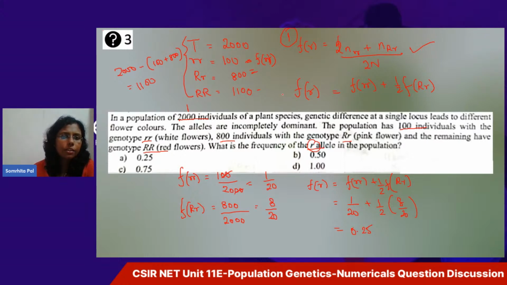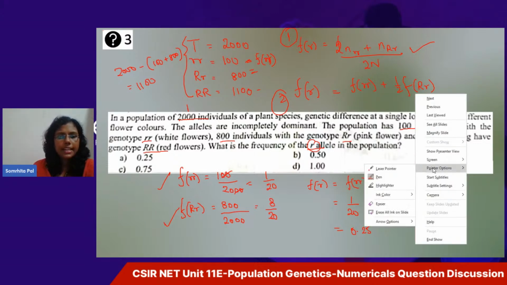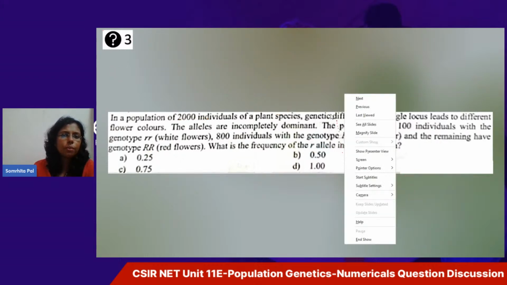If you use the second formula, for which you just have to convert these numbers into frequencies, it will take little time to solve this question. So in your exam, you have to think wisely. First, identify what they are asking and then think wisely as to which formula to choose.